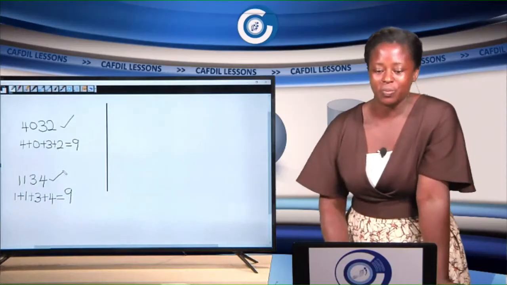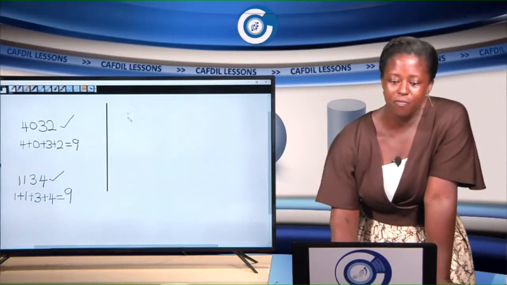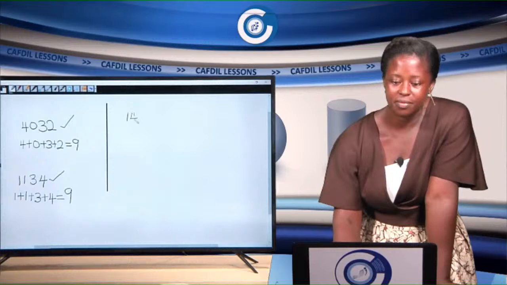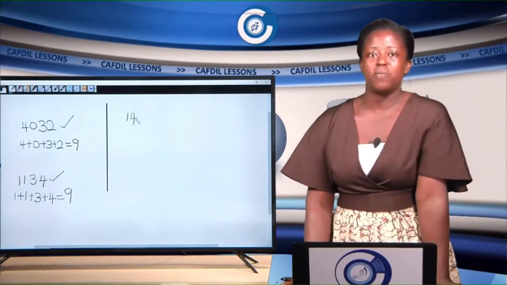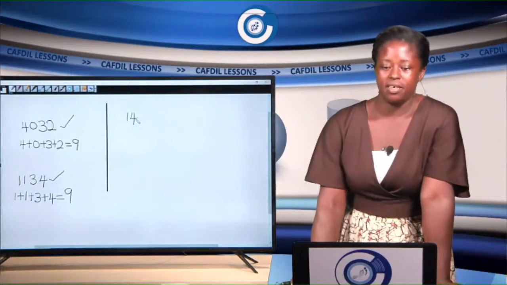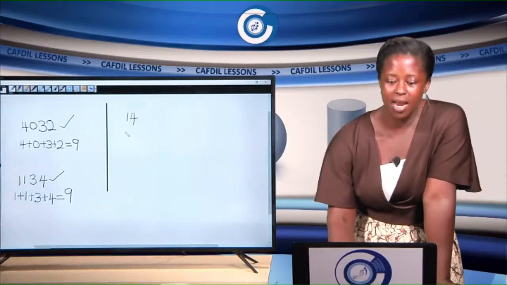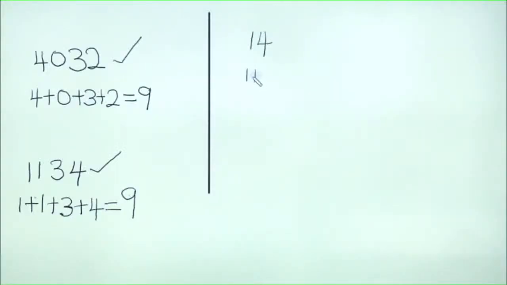Let's try more. This time I'll give you 14. Is 14 divisible by 9? Let's add the digits and see. We have 1 and then 4. When we add 1 and 4, the sum will be 5.